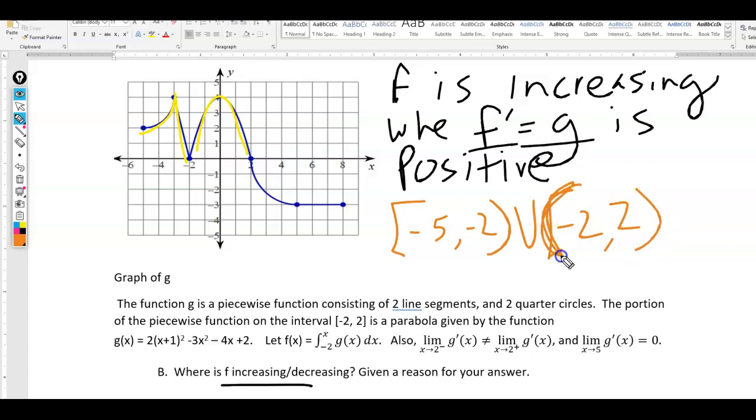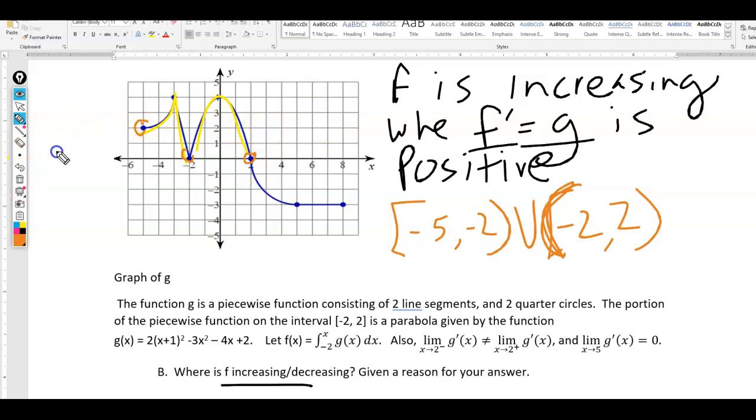And technically would use parentheses here and a bracket on the endpoint, because over here the -5 is positive, but these 2 points are 0. They're not positive or negative. But once again, that's a technicality. I don't think they really care about parentheses, and I wouldn't be grading you on it.